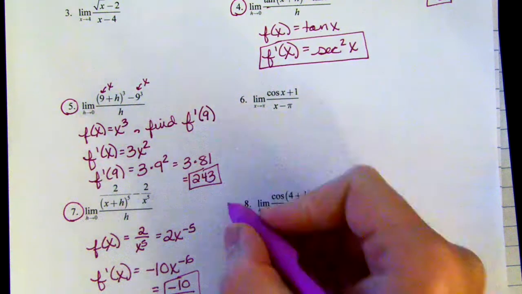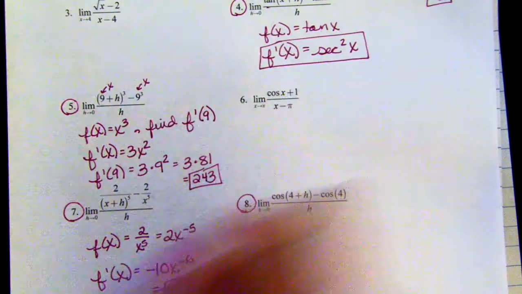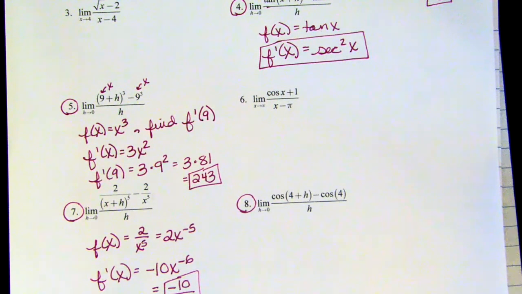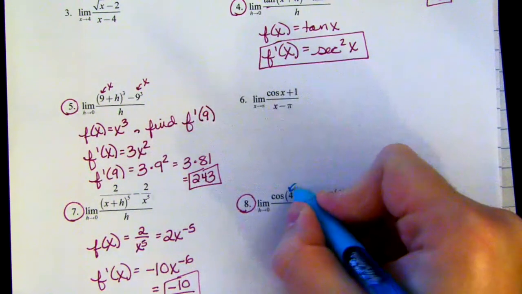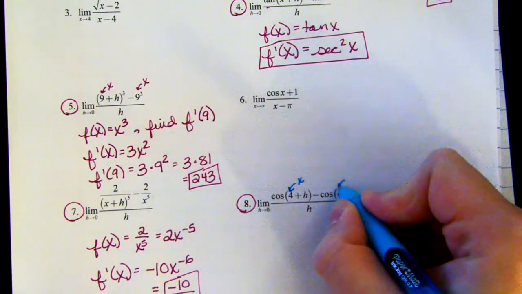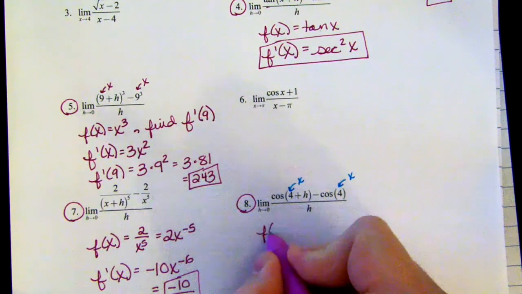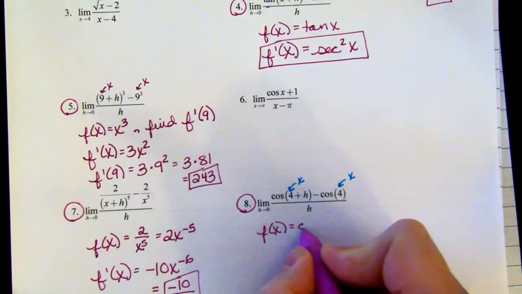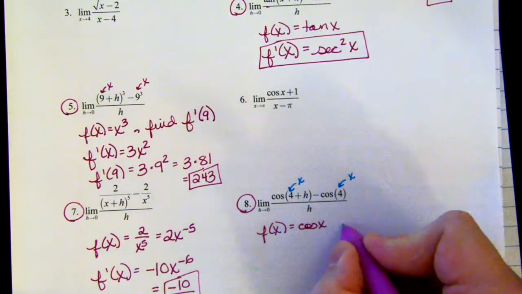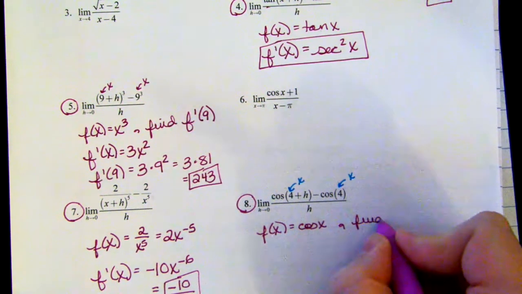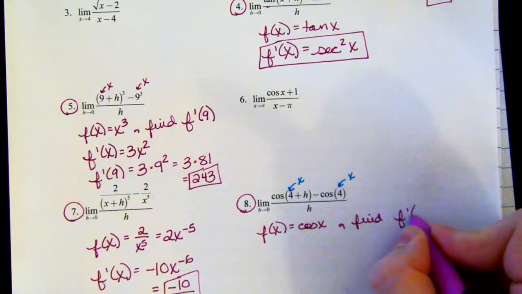I'd like you to take a look at 8 and see if you can do all of number 8. So let's see, I've got a 4 where my x would normally go. So number 8 is saying f of x equals the cosine of x, and it wants us to find f prime of 4.